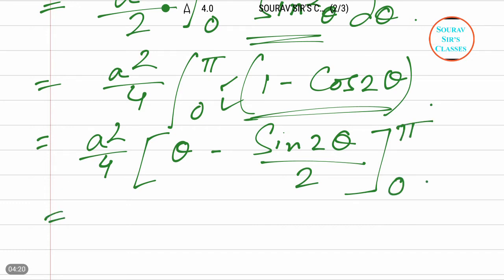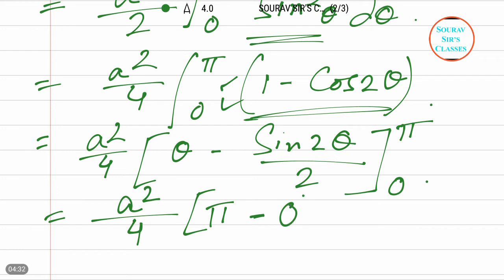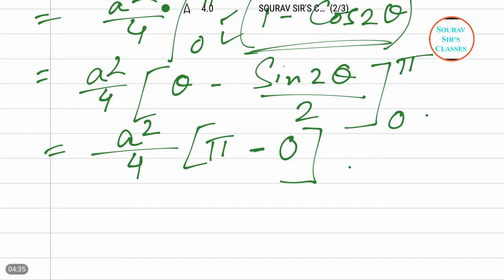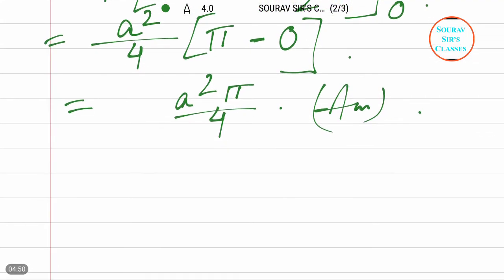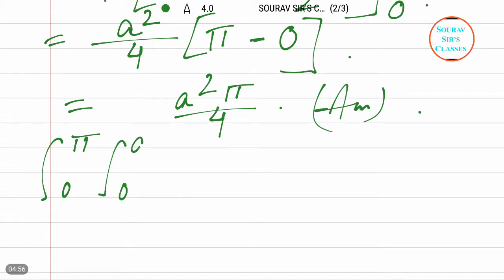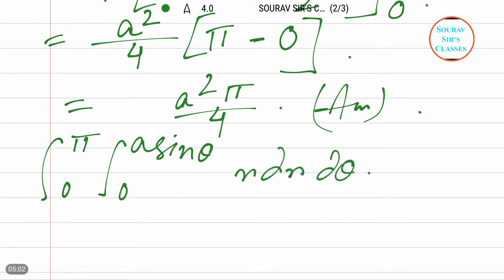Now putting the values pi and 0, we can again rewrite it as a square by 4 pi minus 0. So we have simply put the value of theta as pi and 0 here, and from this we can write a square pi by 4. So this is our answer. So this is the value of integration 0 to pi and 0 to a sine theta r dr d theta.